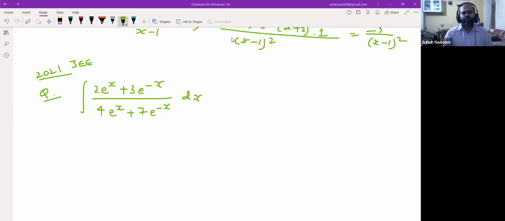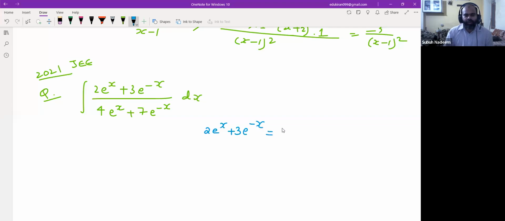Here there is some hint, which is that you have to think about the derivative of the denominator plus the denominator. What you have to think is, this numerator is 2e to the power x plus 3e to the power minus x.